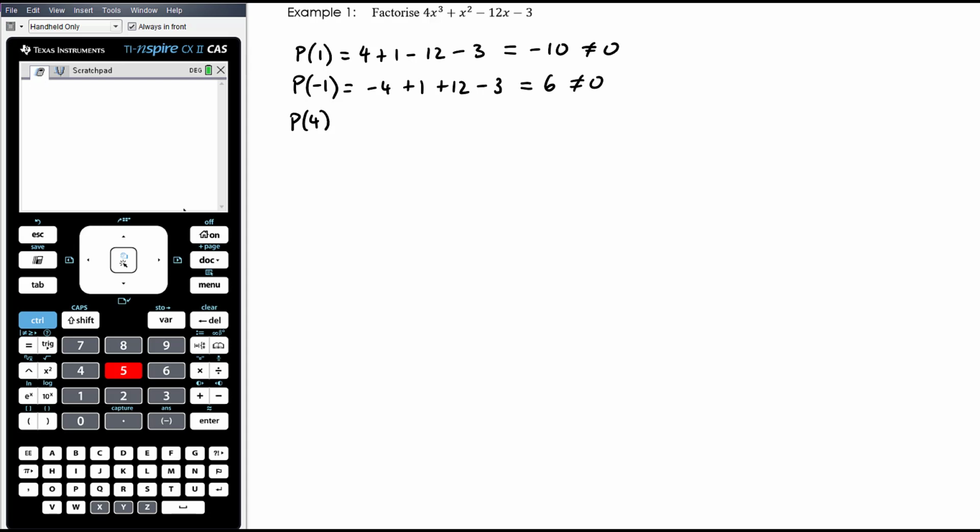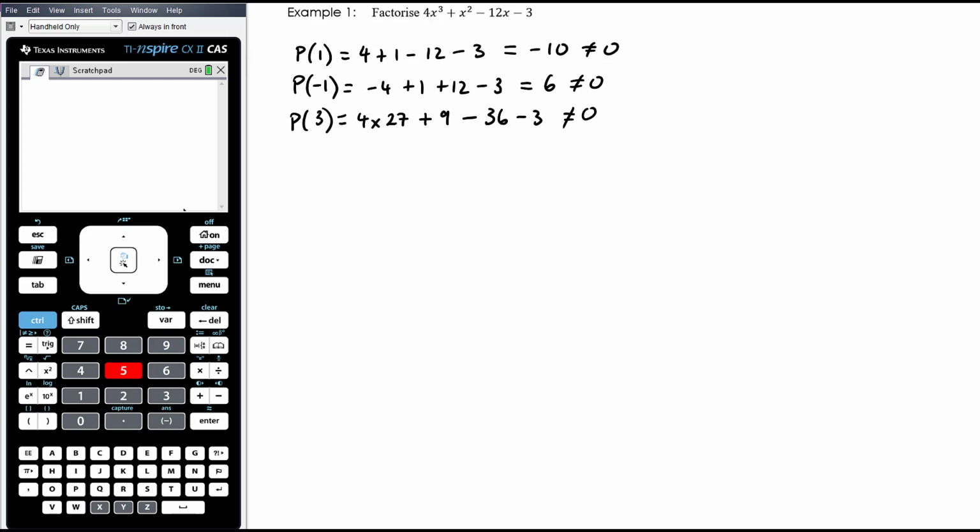P of 3, again, has to be factors that go into 3. P of 3 would be 4 times 27 plus 9 minus 36 minus 3. I'm already seeing that 4 times 27 is going to be more than 100, so we've got more than 109, which is not counterbalanced by that negative 39.